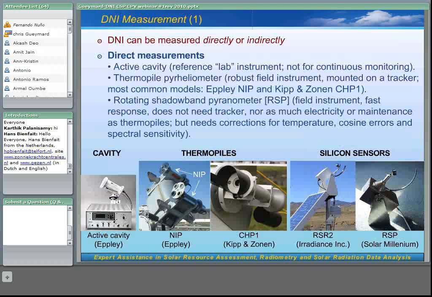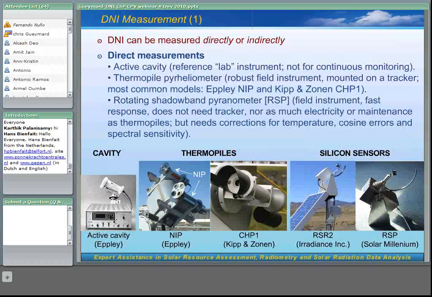The third type of instrument is the rotating shadow band pyranometer, or RSP. This is also a field instrument. It is using a silicon sensor, so it has a fast response. It doesn't need a tracker because it's on a flat surface, and it measures both global and diffuse, from which direct is obtained by subtraction.